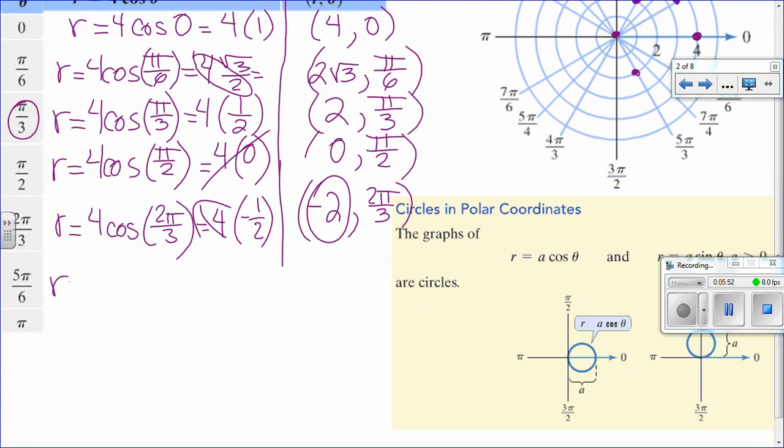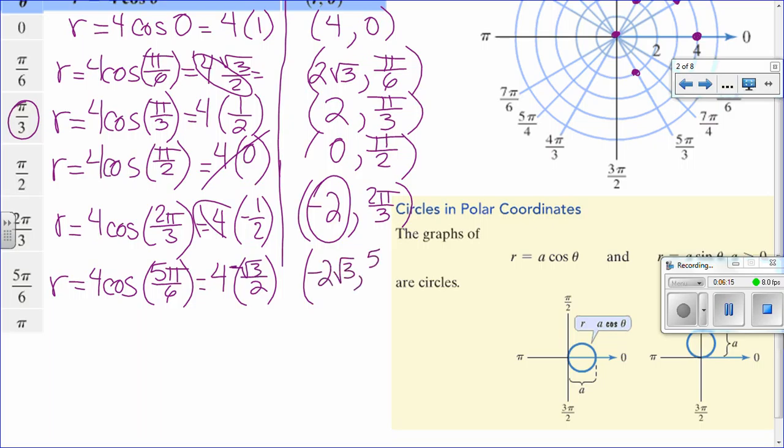Now we have r equals 4 cosine of 5 pi over 6. So that is going to be 4 times the square root of 3 over 2, but negative, correct? So then that will be negative 2 times the square root of 3, comma, 5 pi over 6.